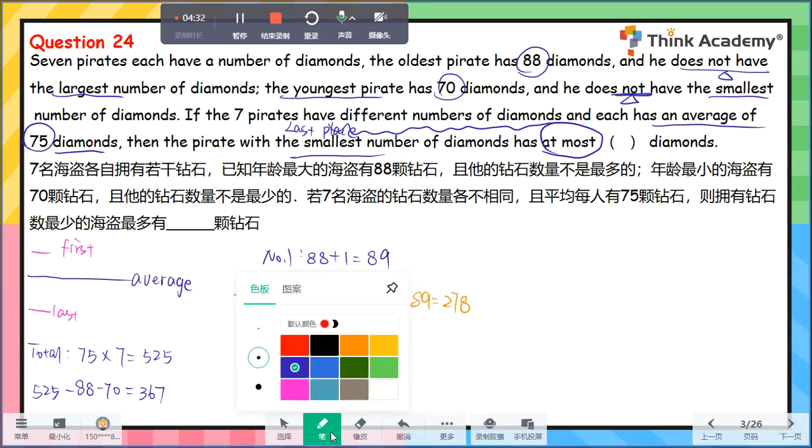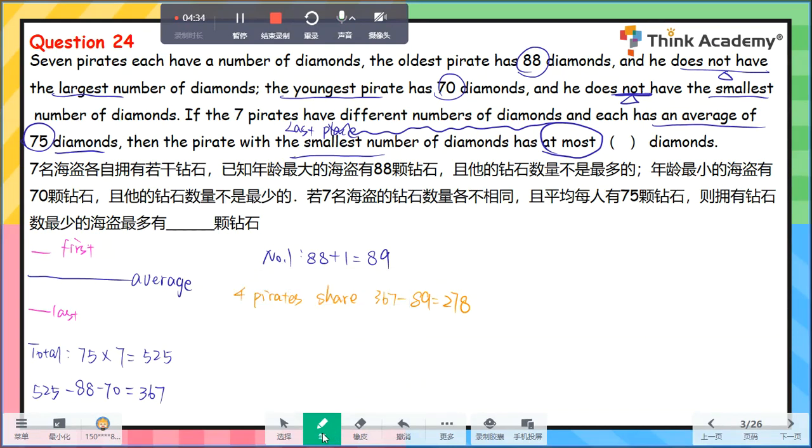Now we know the last place can't get more than the average, but if we want to ensure he gets as many as possible, we try to distribute the 278 as evenly as possible. So first we need to find the average. It should be 69 remainder 2 diamonds.